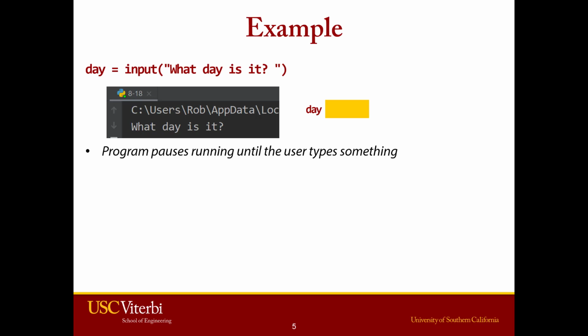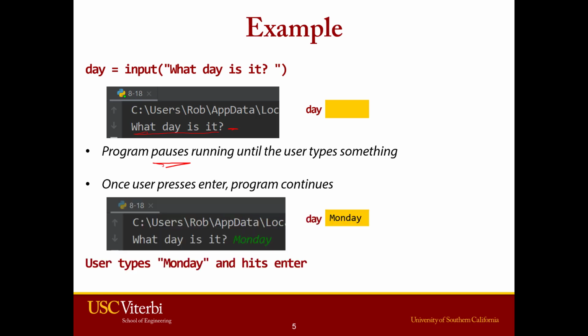Let's look at a couple use cases for this. So here we go. The program has the code day equals input, what day is it? So what's going to actually happen is when Python executes that code, your program actually pauses. It stops running for a moment. So it shows you this message, what day is it? And then it just waits. Right, so you might see a little cursor here, asking the user to type something in.